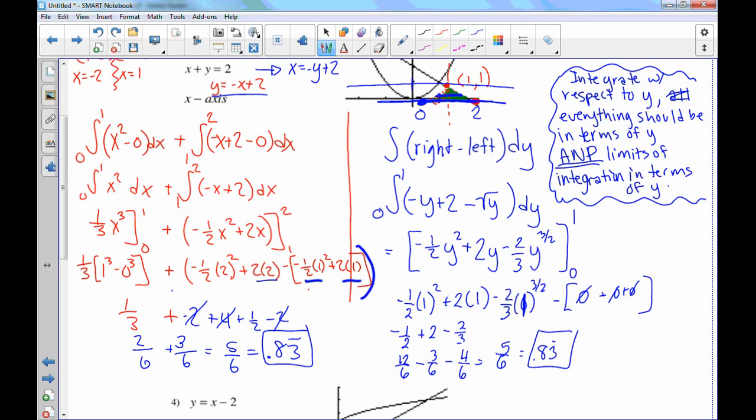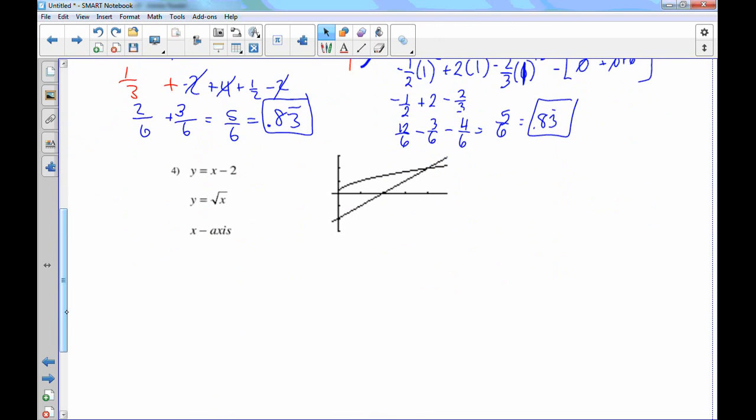Okay, looking at the bottom one, what is the area that's bounded by x minus 2, which is linear, a square root x, and the x-axis? It's right here. Because of the x-axis, we're only looking at the positive portion.